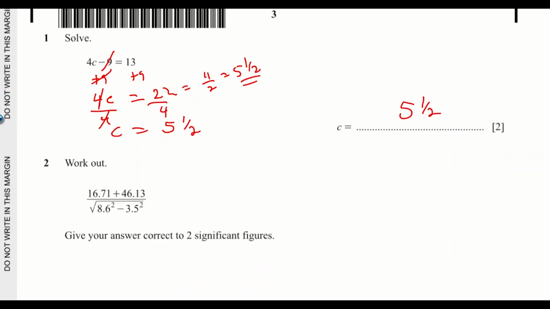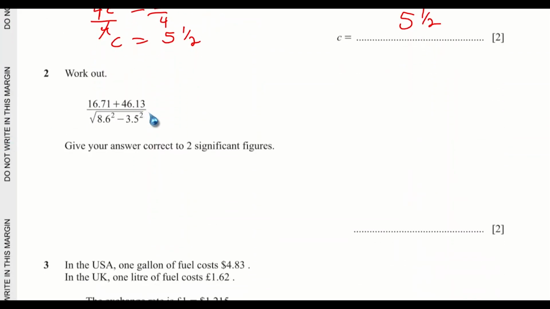Question 2. Work out this expression. You can easily input the numerator into your calculator, and that gives 62.84. Then similarly, you need to input the denominator into your calculator, and that gives 7.8775.